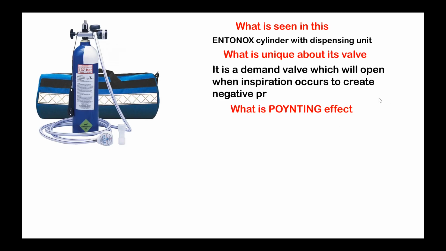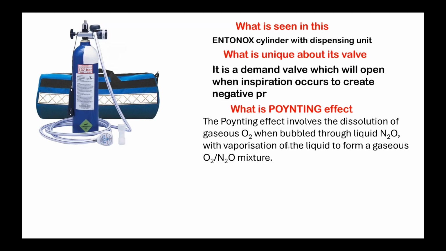What is the poynting effect? It is the dissolution of gaseous oxygen in bubbles through liquid nitrous oxide. Vaporization of the liquid forms a gaseous mixture. Nitrous oxide is usually at room temperature in the liquid form.